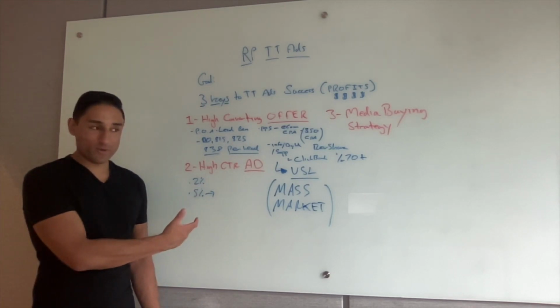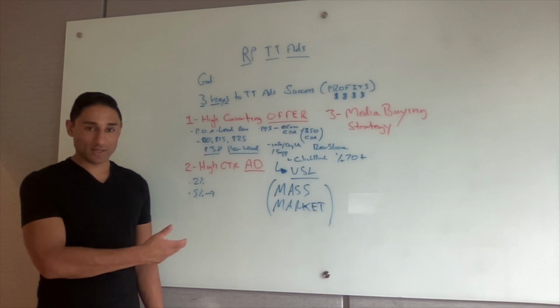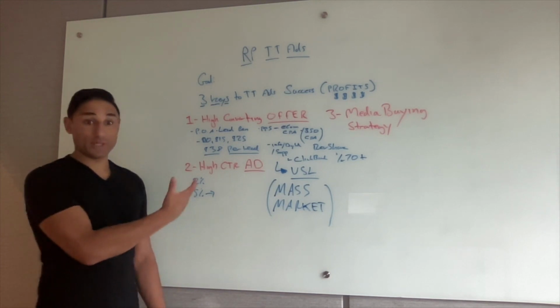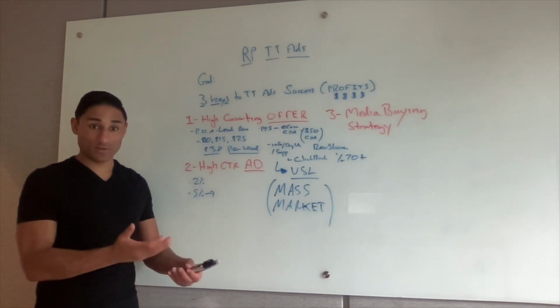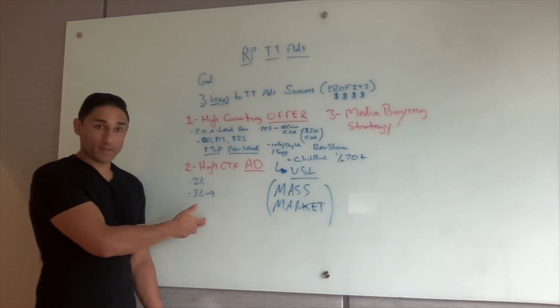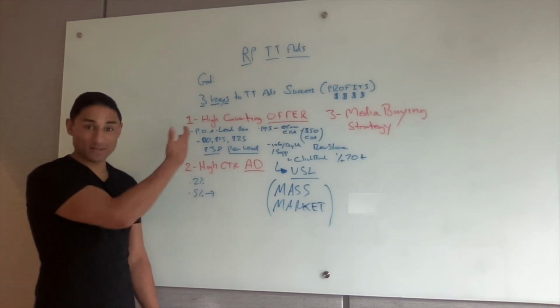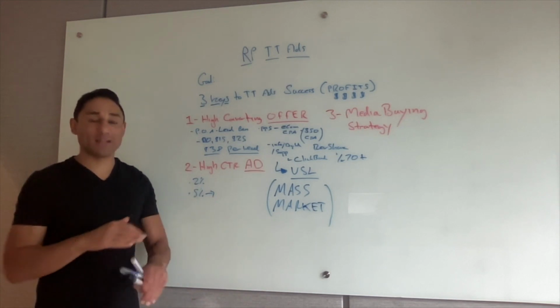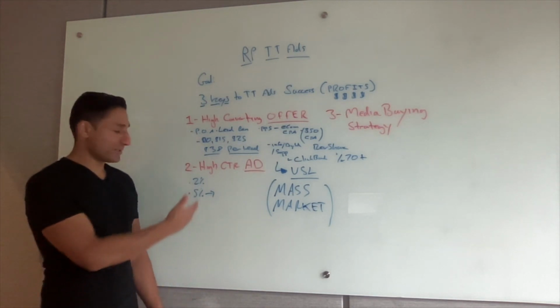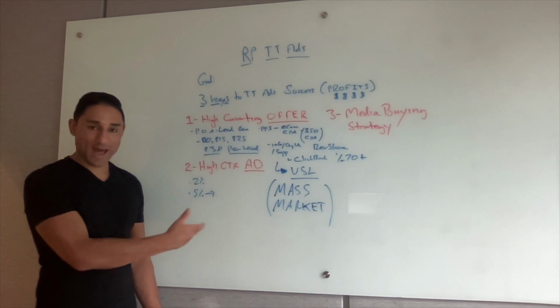If you ended up paying 50 cents a click, you'd get 40 clicks based on that $20 budget. If you paid 25 cents per click, you'd get 80 clicks, paying the exact same. So the aim of the game is to get a high click-through rate ad.